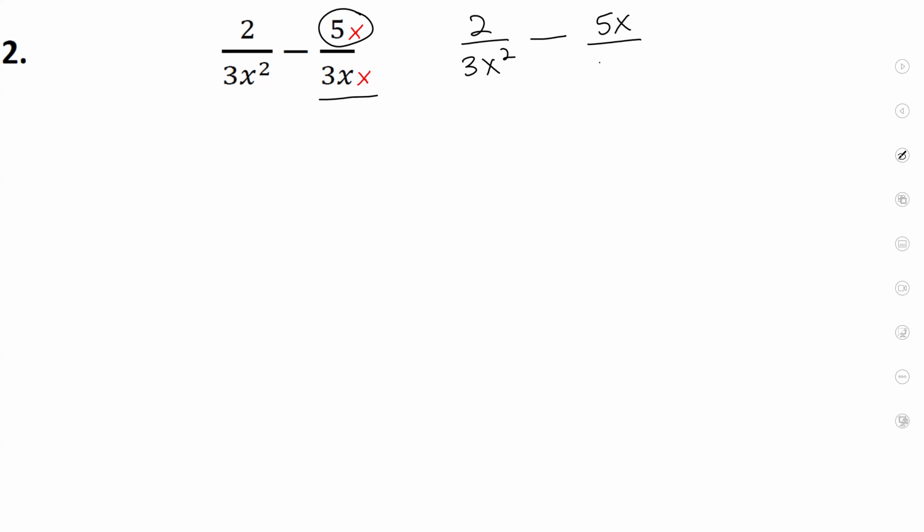This is 3. How do I write 2 x's? x squared. Now, do they match? So I just carry it over, 3x squared, and I'm going to subtract the numerators. Well, these are not like terms, so just keep them separated. And that's it.